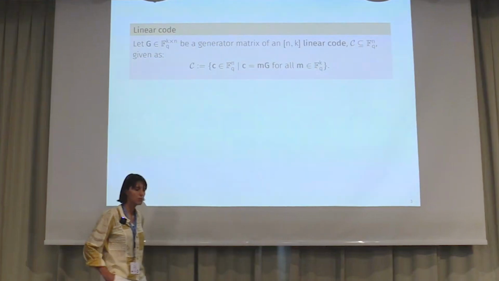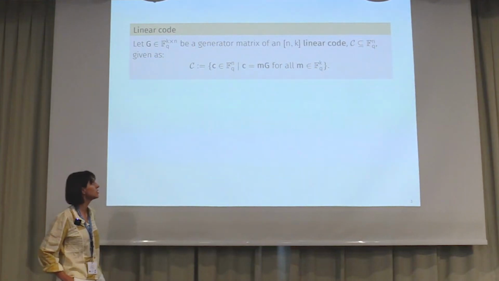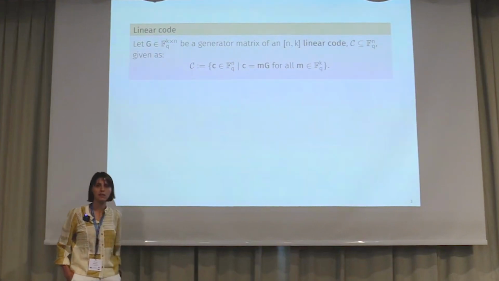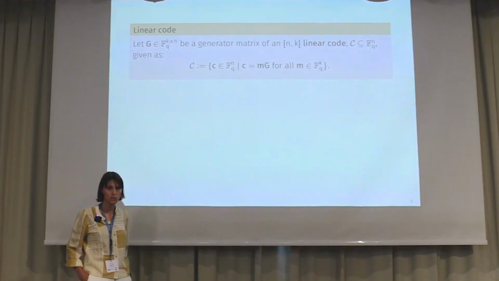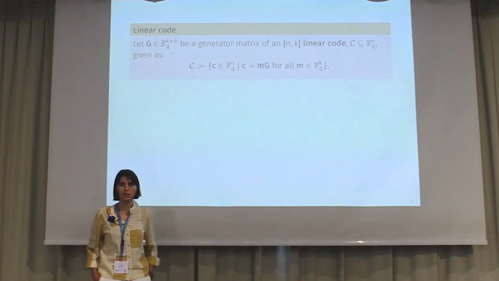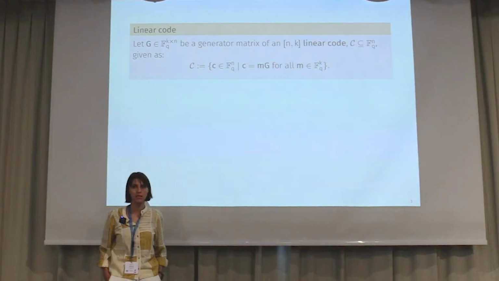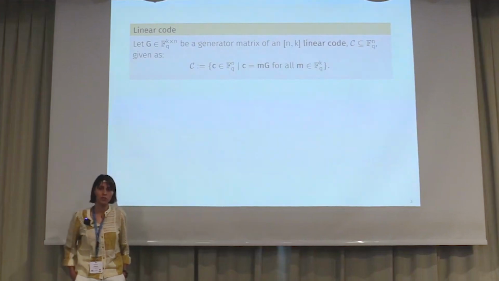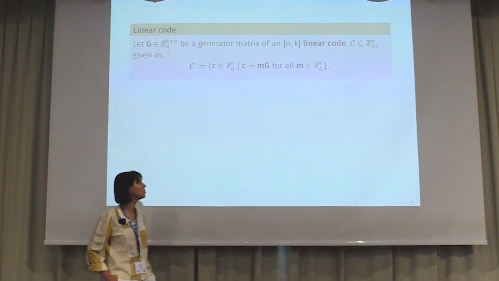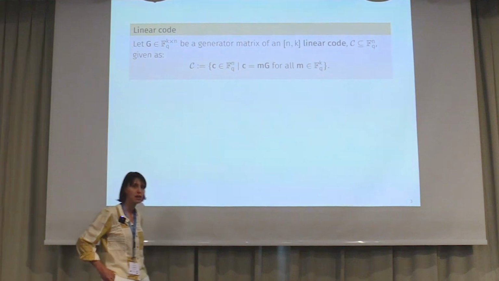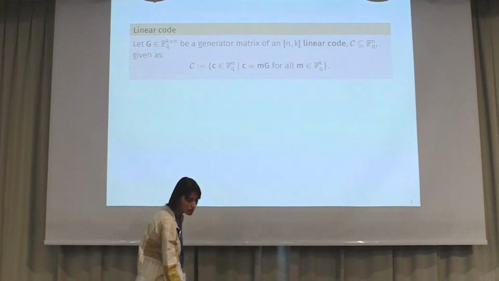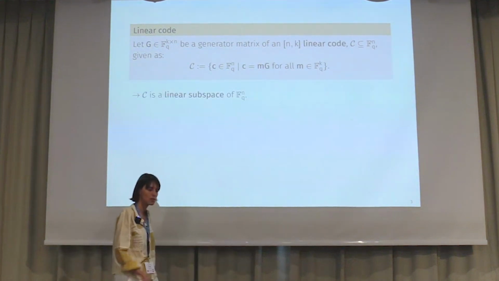It basically defines a linear code that is a linear subspace of F_q^n. It is given as all the codewords in F_q^n that are obtained by multiplying the message with the generator matrix, where the message comes from the space F_q^k. As I have mentioned, a linear code is basically a linear subspace of F_q^n.